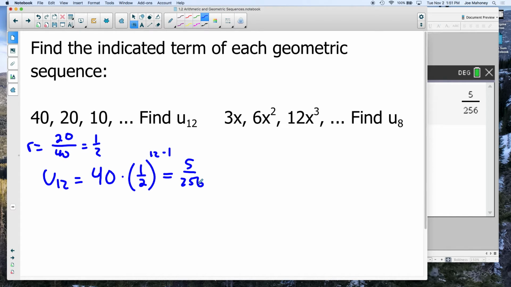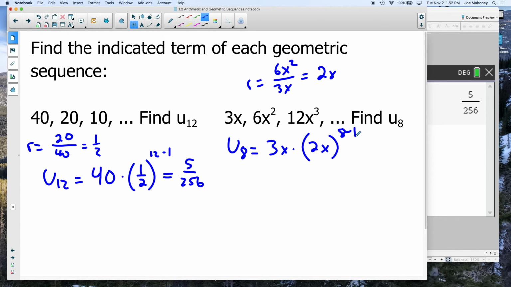And yeah, we can do this with x's as well. Remember, to find the r value, we want to divide a term by its previous term. 6x squared divided by 3x is 2x. So then we want the eighth term. The eighth term is going to be the first term multiplied by the common ratio to the exponent of 8 minus 1, or 7.